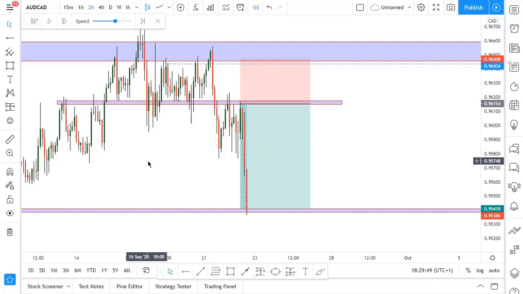Although we have many rules which we apply and reasons why we took our trade here, the simple fact of market structure, which I can share with you for free, is previous support now becoming resistance, and it was tested and it created an impulse to the downside to complete our pattern.